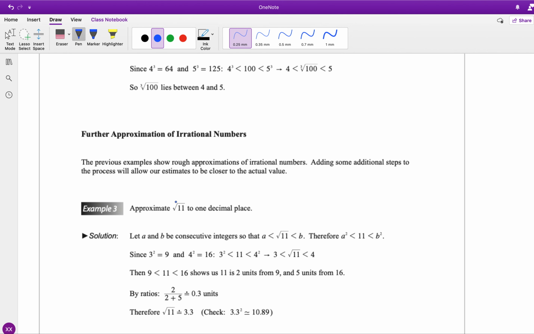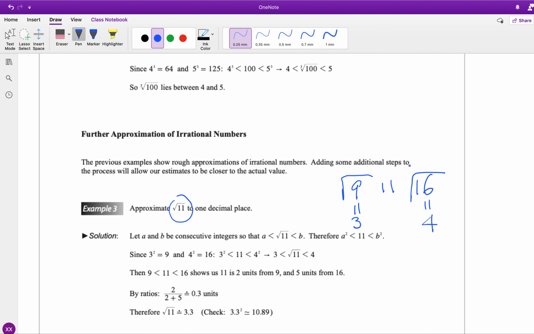Again, let's do the root of 11. For the root of 11, I have 9 over here because that's the perfect square closest to 11 and smaller than it, and then I have 16 over here. The root of 9 is 3, and the square root of 16 is 4.